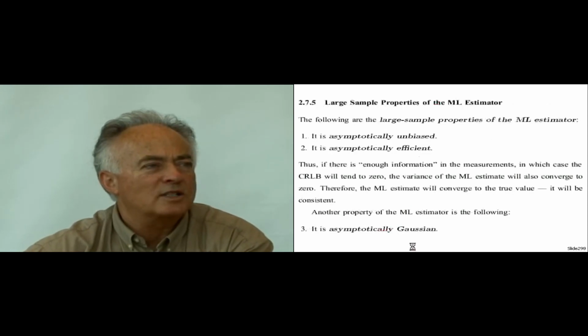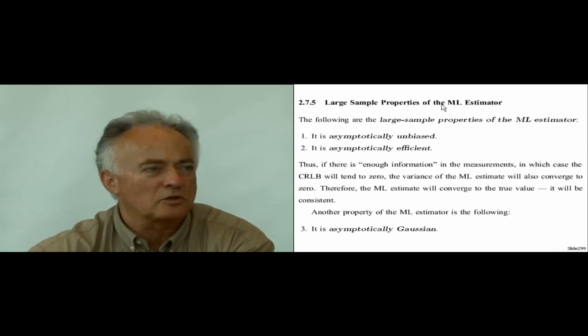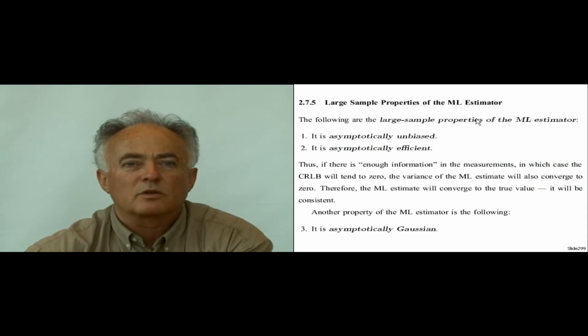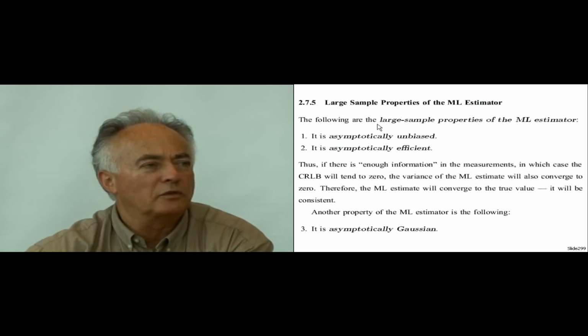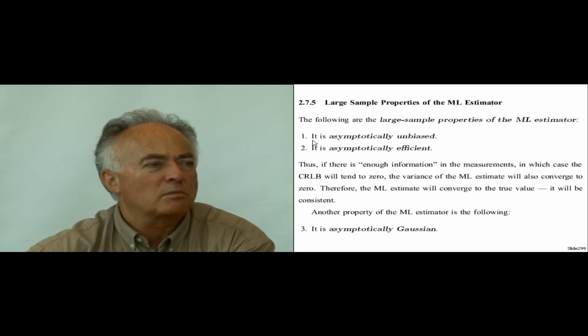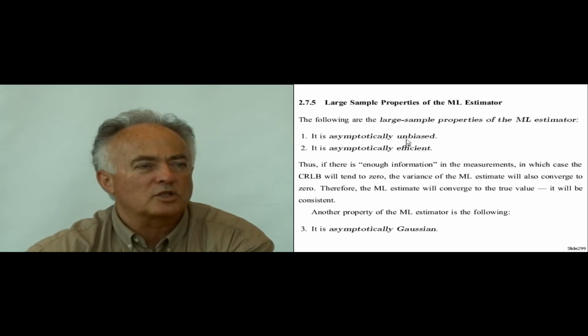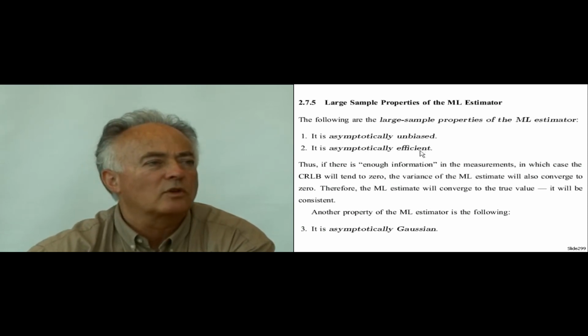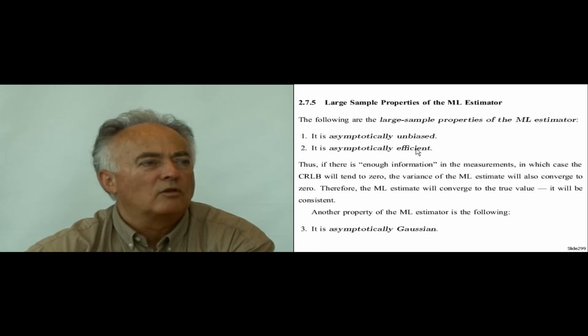Some of the large sample properties of the maximum likelihood estimator will be just listed because they are more difficult to prove. First, the ML estimator is asymptotically unbiased and asymptotically efficient. There are some regularity conditions for the likelihood function for this to hold. So what we observe is the following.